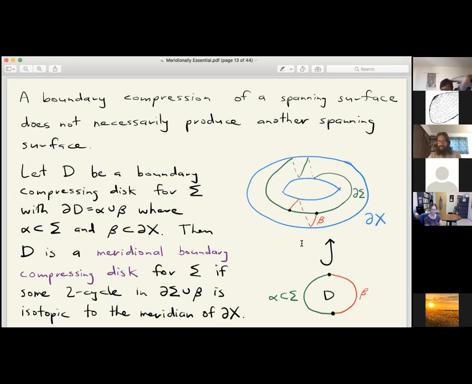It has two cycles, and then the condition is if one of those two cycles is isotopic to a meridian of the boundary torus, then we call this a meridional boundary compressing disk. And the advantage of this is if you do a boundary compression along a meridional boundary compressing disk, a spanning surface will compress to another spanning surface. So you guarantee that you stay within the class of spanning surfaces that we're interested in.